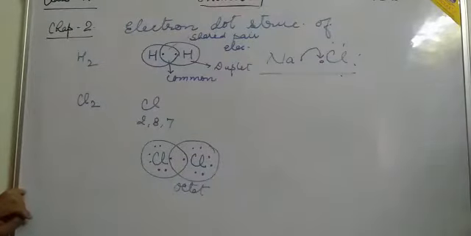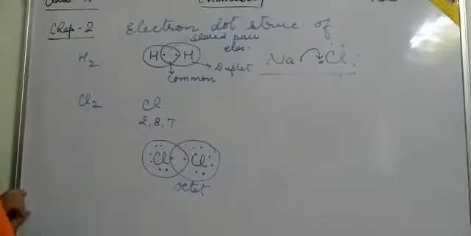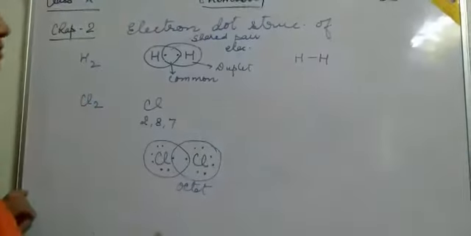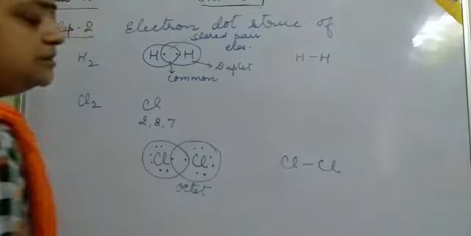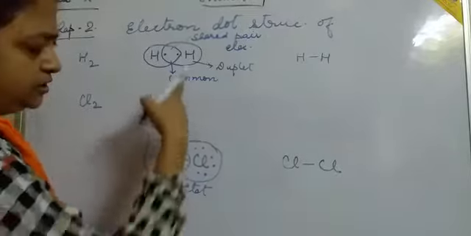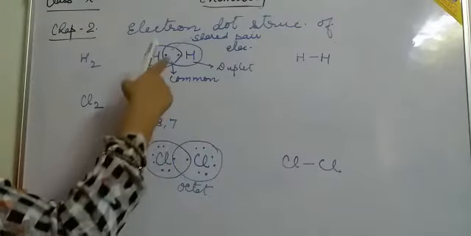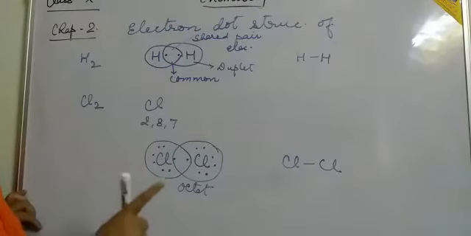The bond formed for hydrogen is a single covalent bond, and the bond formed by chlorine, chlorine, is also a single covalent bond. In these two cases, sharing of only 2 electrons is present. Sharing of 2 electrons means single covalent bond.